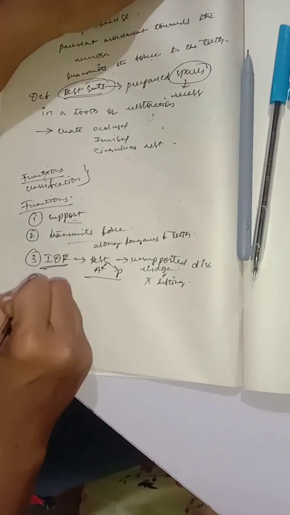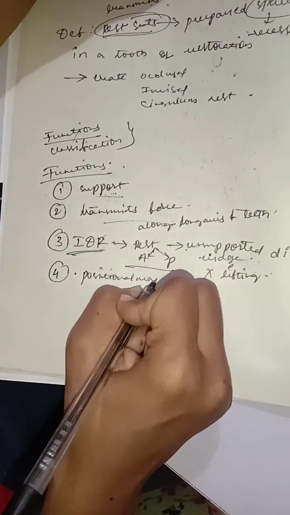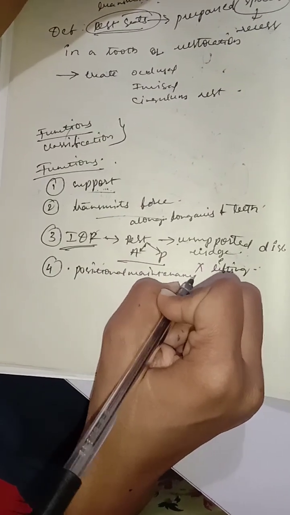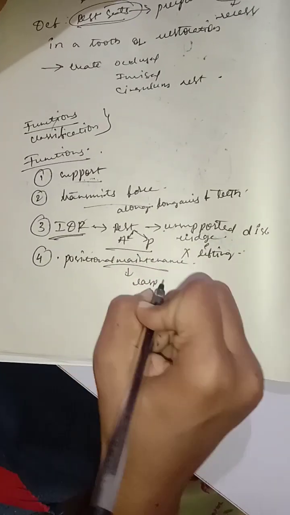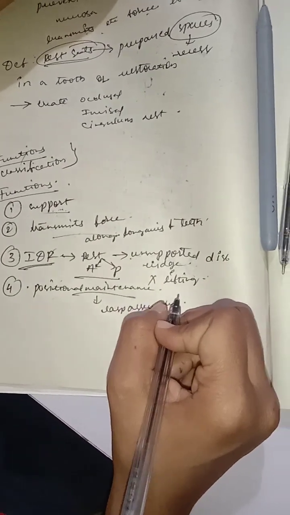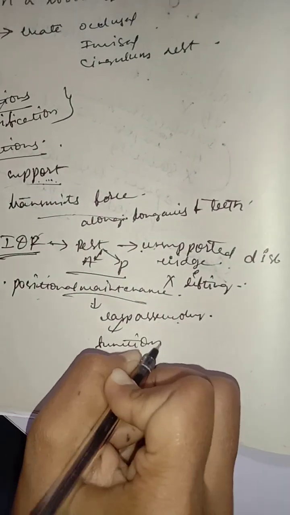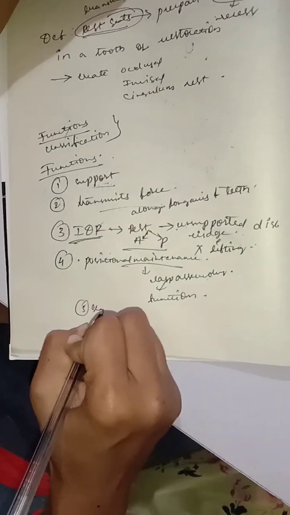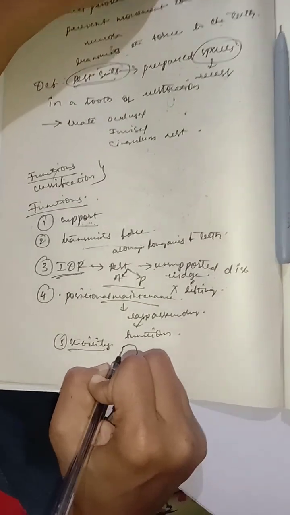One more function is positional maintenance, for maintaining the clasp assembly. When there is a proper clasp assembly, it will work in a proper function. And one more function is stability.